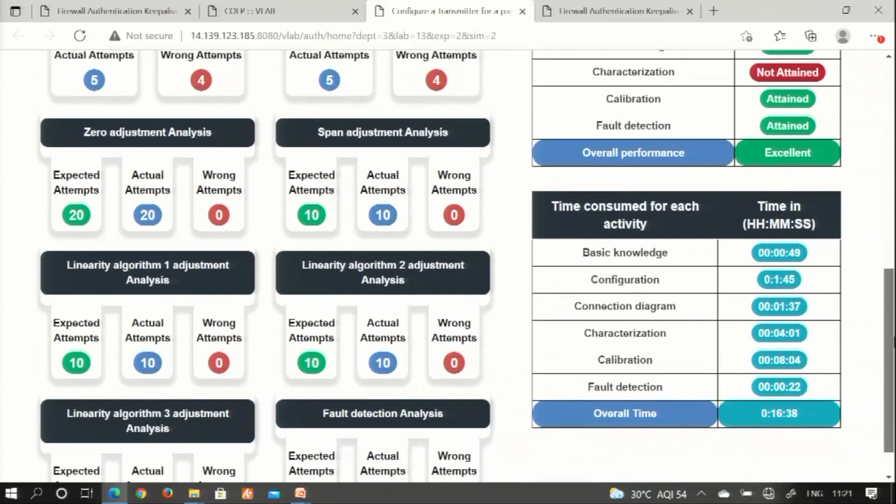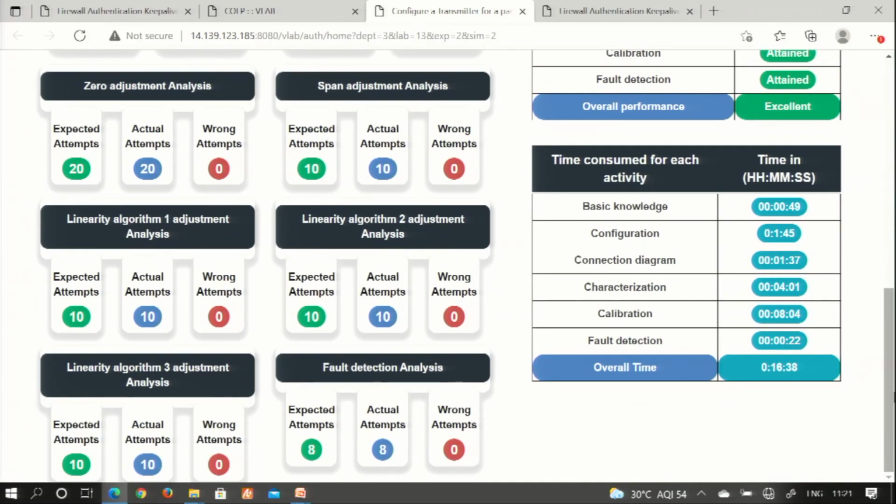But what is important here is this is the report which is available to a student, saying that you have spent around 49 seconds on basic knowledge. That means you have not spent sufficient time there. Configuration this much time, and the total time you spent on performing the experiment is 16 minutes and 38 seconds.